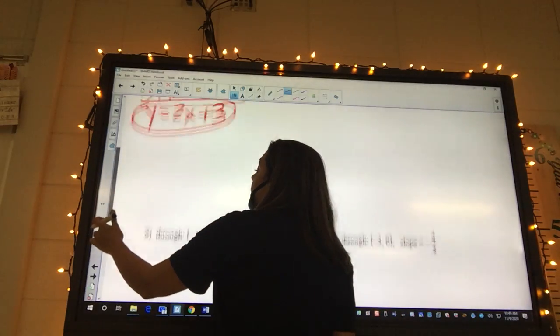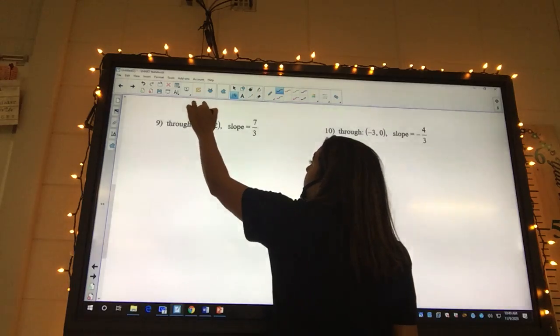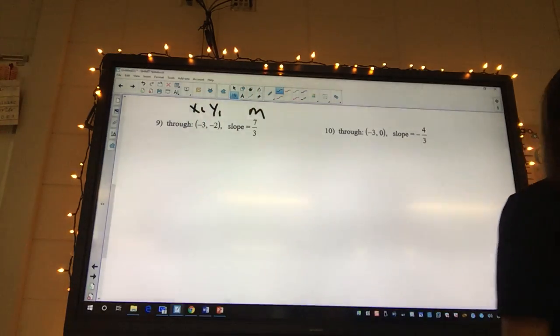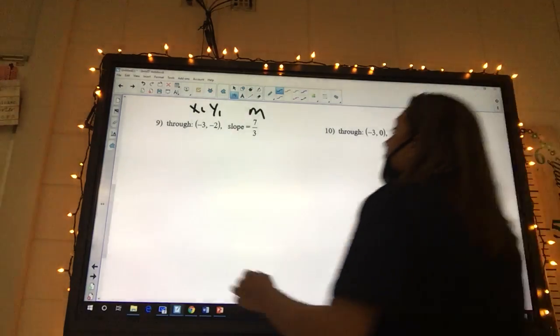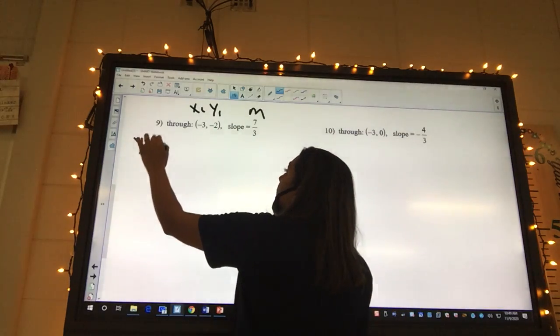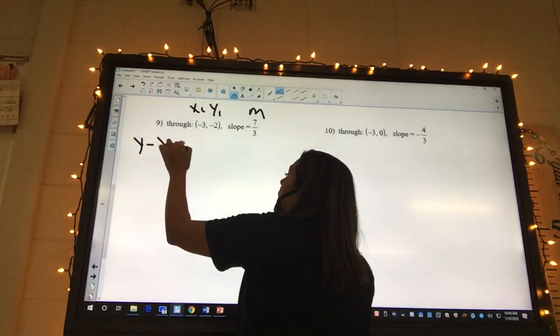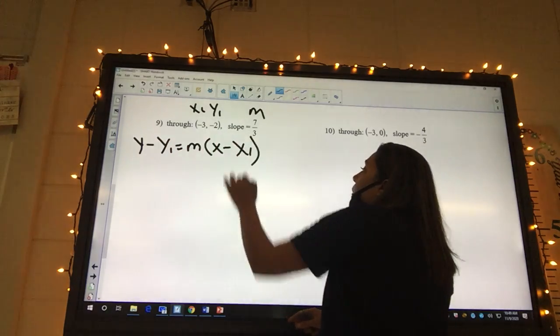Let's look at number 9. We've got a point and a slope. So what formula are we going to use? Point-slope. So y minus y1 equals m times x minus x1.